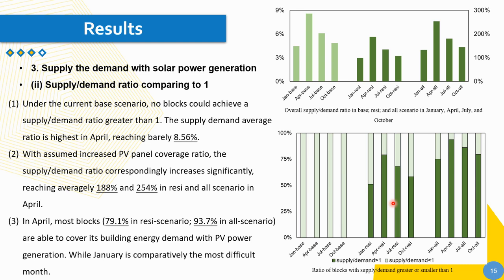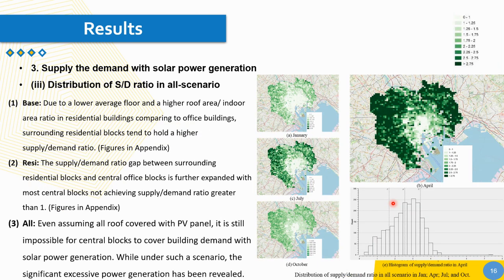And in April, about 80% and 93% of blocks are able to cover the building energy demand with PV power generation. This figure shows the ratio for the blocks in the all scenario, which is quite high.